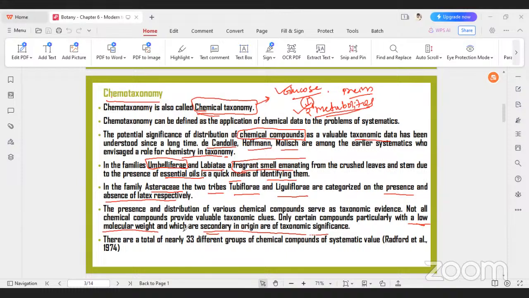That's why the main consideration is secondary metabolites, and those secondary metabolites should be of low molecular weight. And there are a total of nearly 33 different groups of chemical compounds of systematic value according to Gibbs et al., 1974. So this is about the chemotaxonomy introduction.